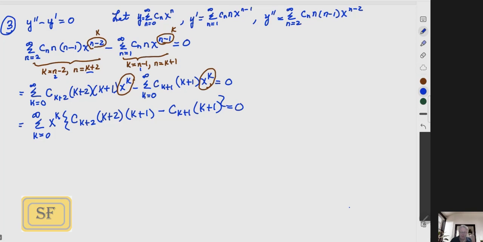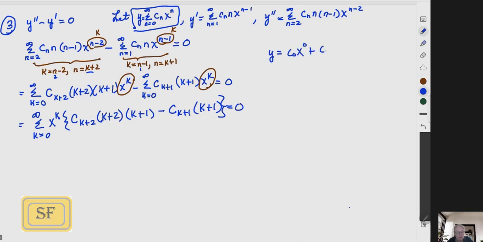So notice that for our power series, the power on the x is involved. Our power series solutions right here will look like, when n is 0, we get c0, x to the 0.